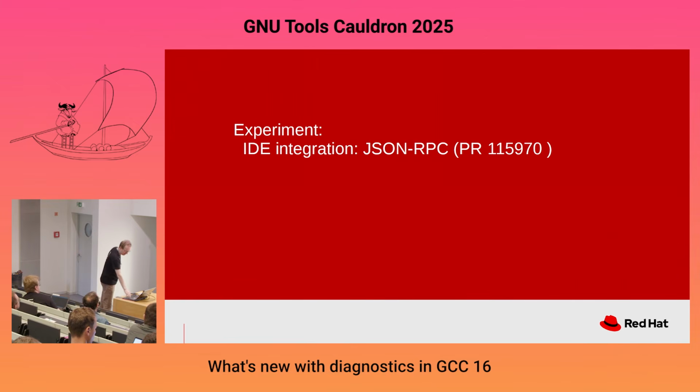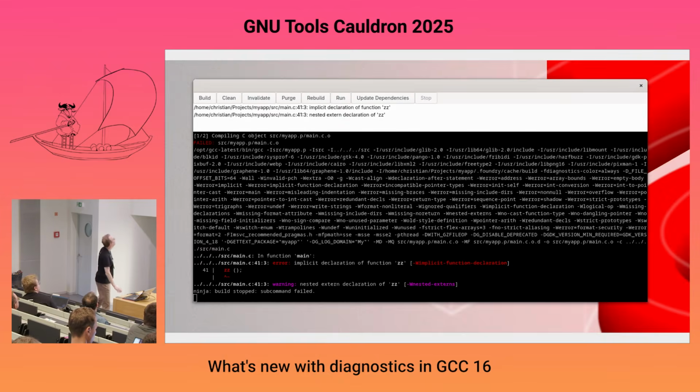The maintainer of GNOME Builder turned up on IRC a couple of weeks ago, and we've been working on an RPC thing where the idea is you set an environment variable in the build environment.